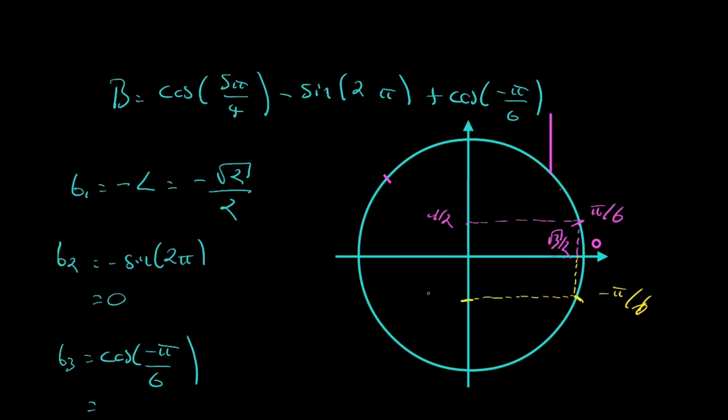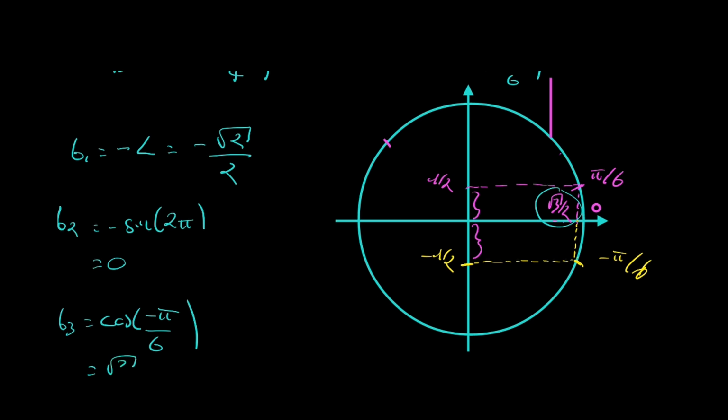So here we will have minus 1/2, because this length here is equal to this length here. And we are looking for the cosinus, so easily we can say that this is equal to square root of 3 over 2.